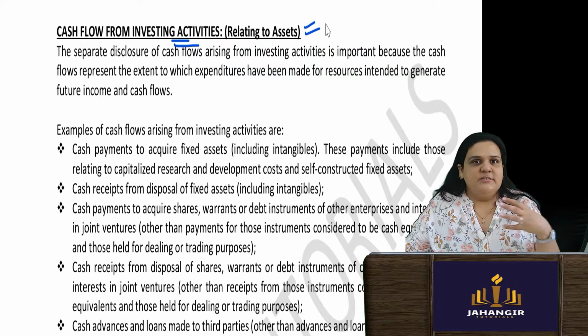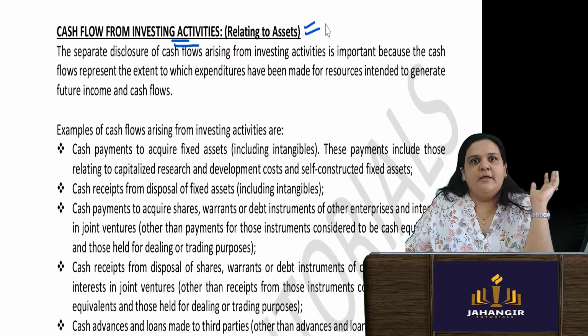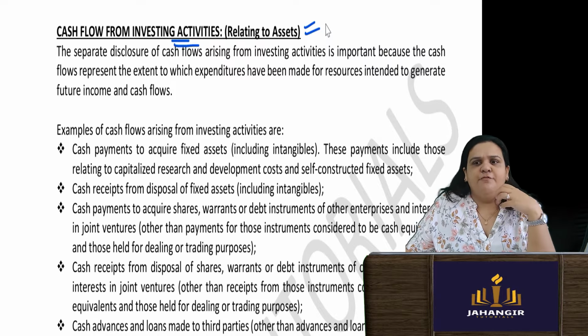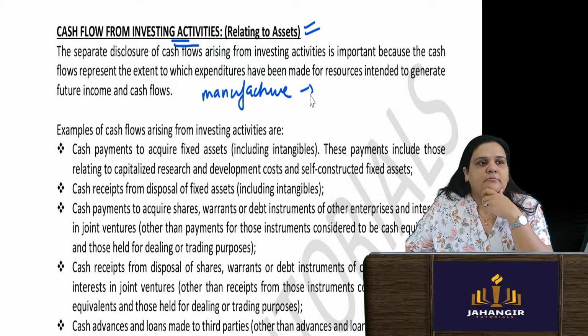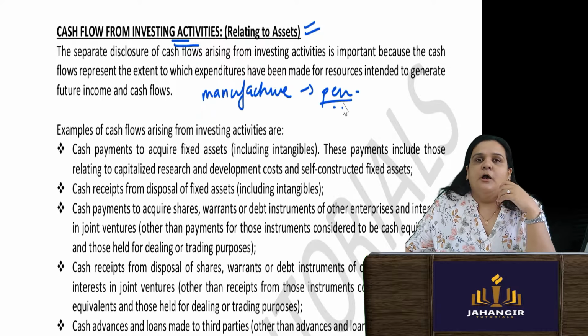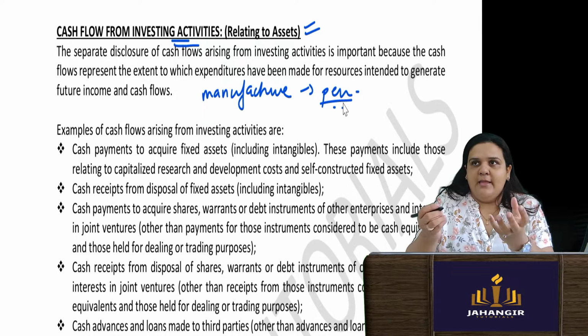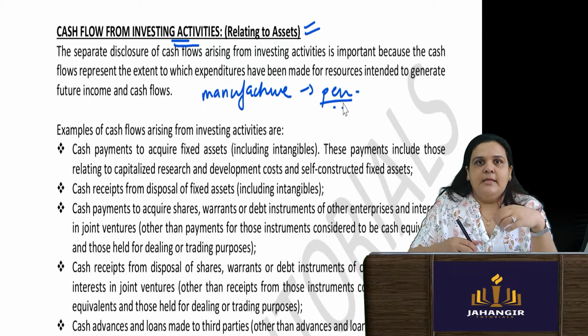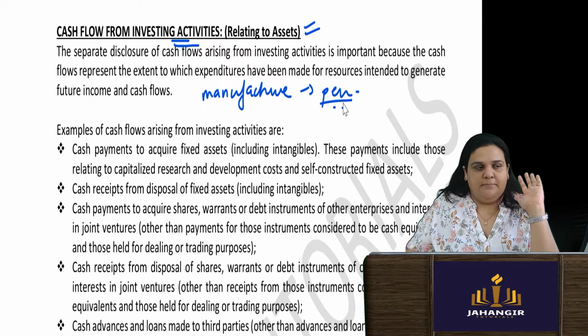Now investment is all related to assets. My operations is selling of goods. Say I'm a manufacturer of pens. I sell pens, so my product is the pen. Everything related to that pen, from buying the raw materials, making the ink, putting the plastic, everything will be related to my operations.